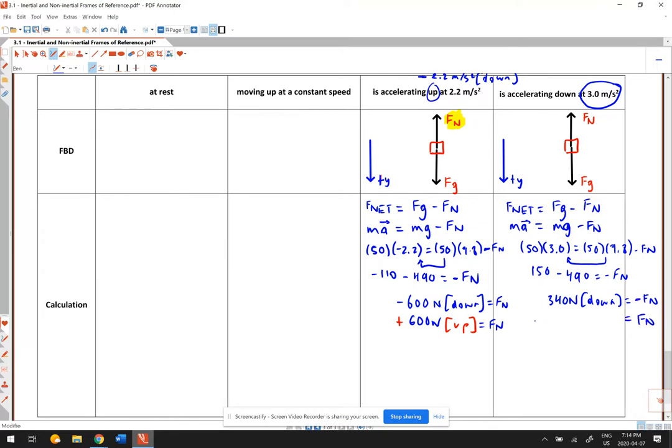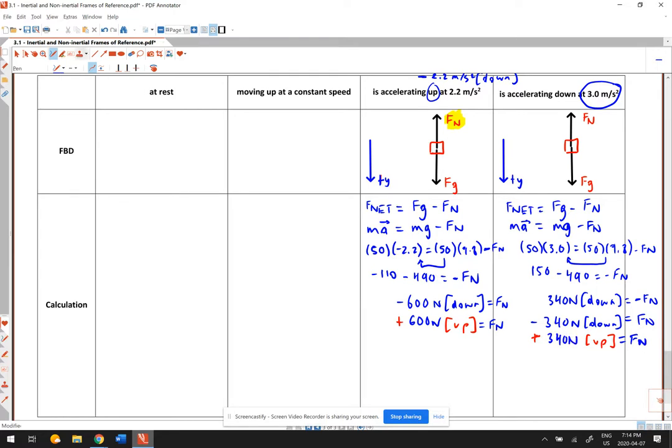So this is going to be equal to negative 340 newtons down. And now, at this point in time, you can change the negative to a positive and the down to be up, in this case scenario, equals normal force. And this would still remain 340 newtons.